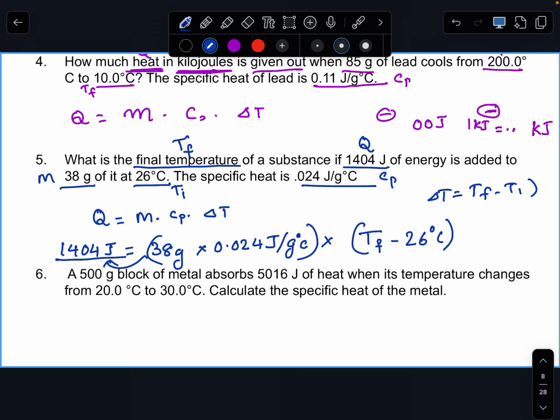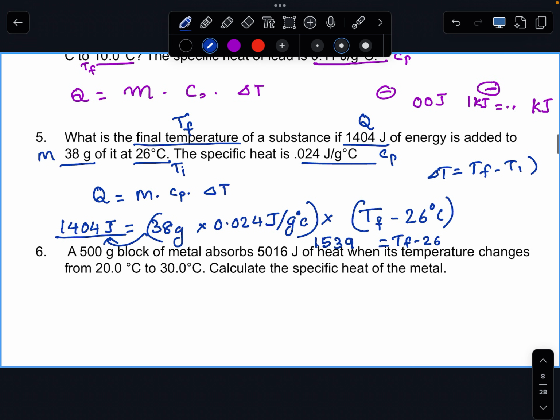So this answer is 1539, which is equal to TF minus 26. Then TF is equal to, you add 26 on both sides, so it is 1539 plus 26.